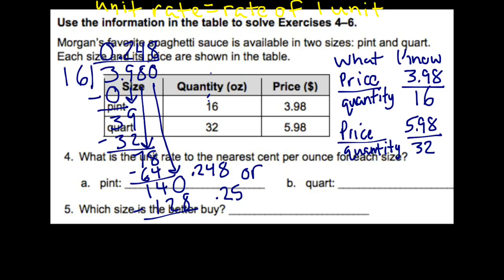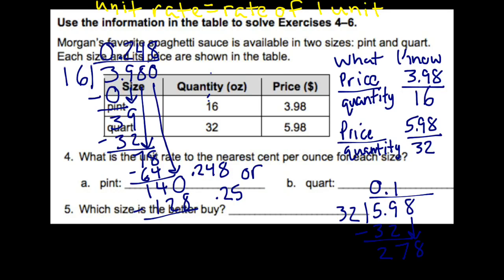For a quart, I'm going to take $5.98 and divide it by 32. So $5.98 divided by 32. 32 can't go into 5, so I put a 0. 32 can go into 59 one time. 59 minus 32. 9 minus 2 is 7. 5 minus 3 is 2.